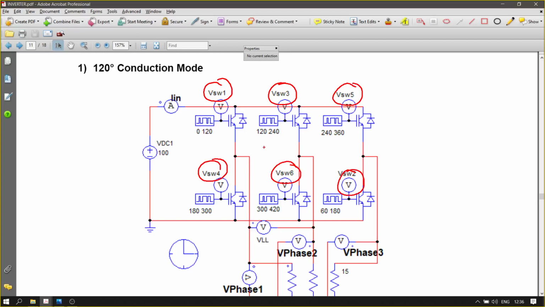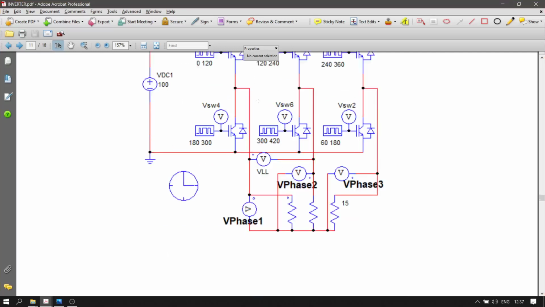It's always in that arrangement because that will make sure that your inverter works properly. So you have S1, S2, S3, S4, S5, S6. This is not randomly labeled. This is actually to make sure that the switches act accordingly based on the arrangement. So it always has to be S1, S3, S5, S2, S4, S6.